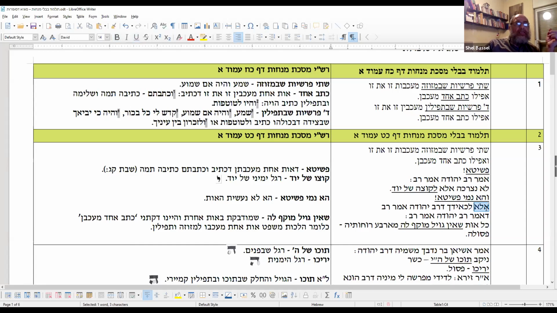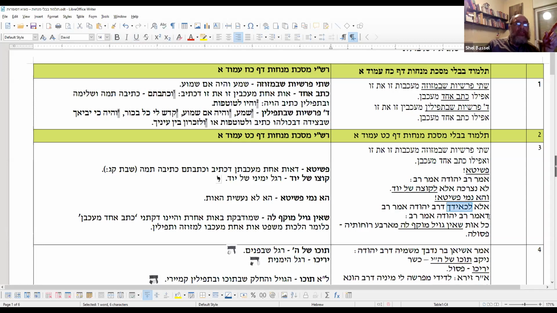Ela l'chidach de Rav Yehuda Amar. Rather, I need the Mishnah to tell me v'afil k'tav echad makvan. What is the k'tav echad that it's talking about? I need it for this other thing, l'chidach, for this other that Rav Yehuda said in the name of Rav, not about kotzah shel yud, because that's obvious.